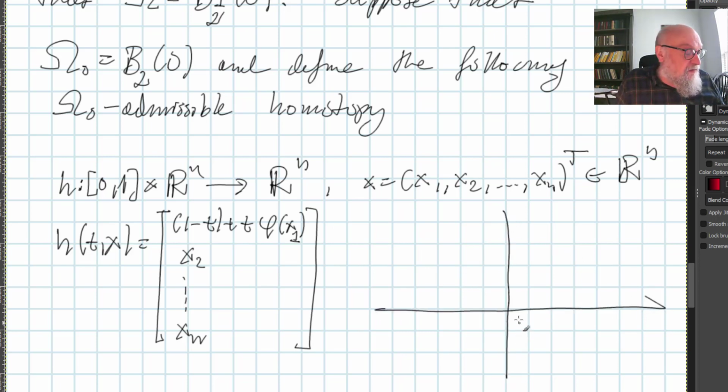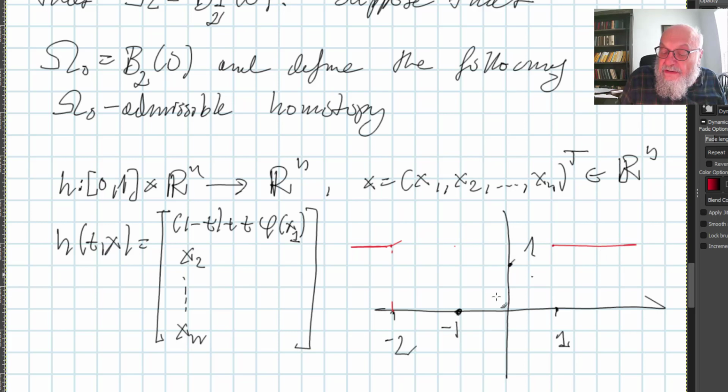Namely, this is -2, this is -1, this is my 1, this is my 1, and the function looks like that. So it will be value 1 here, value 1, and then it goes here that way.